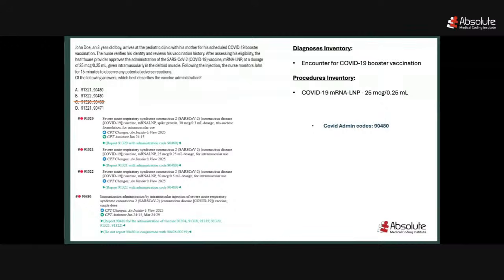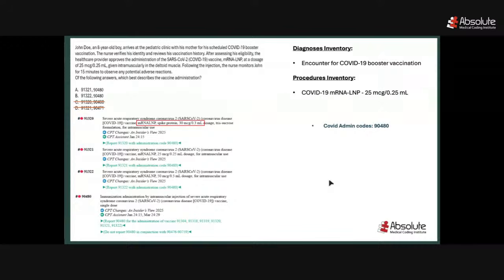So if you know that guideline as well, you can eliminate option C and option D, right? Option C is coding for an administration code of 90460, which is for a non-COVID vaccine. Also, option D, 90471, is also for a non-COVID vaccine administration. So both are incorrect. We are left with option A and option B. Both are for 90480, which is a correct administration for COVID-19 vaccine.